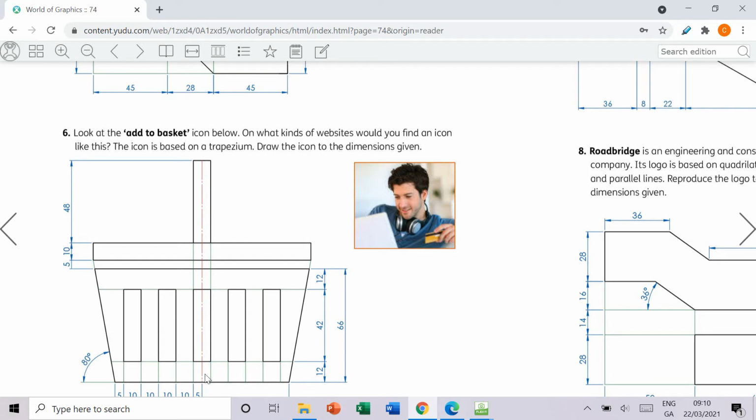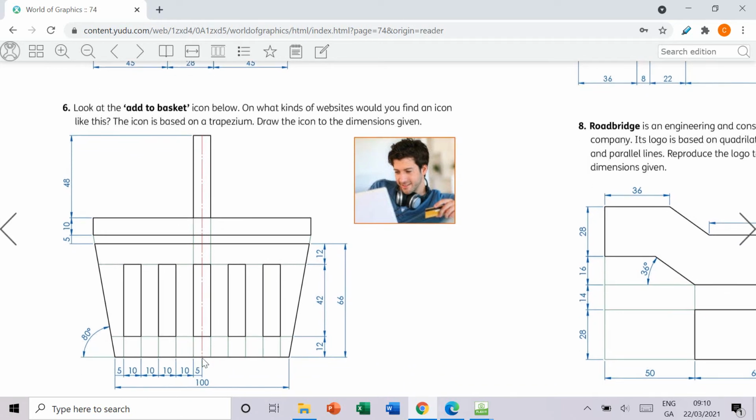If that's on the symmetrical line, I know that I need to go 50 mil to the left to get this point, because it's 5 plus 10 is 15, 25, 35, 45 plus 5 is 50. Or it's 100 mil altogether. This is symmetrical, so it's going to be 50 mil to the left and 50 mil to the right.